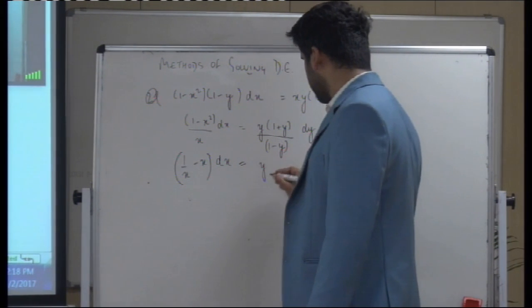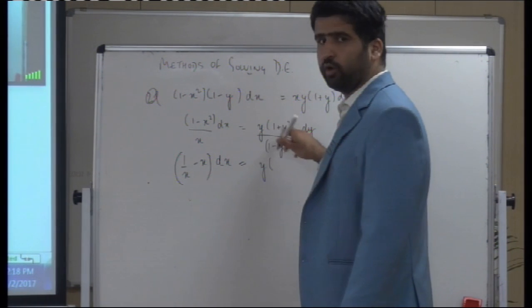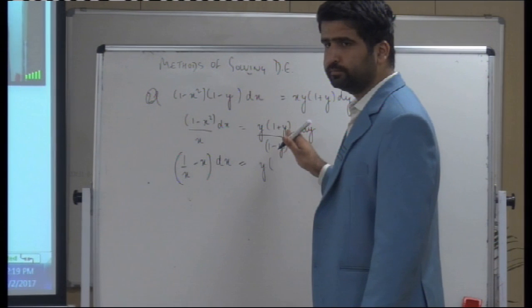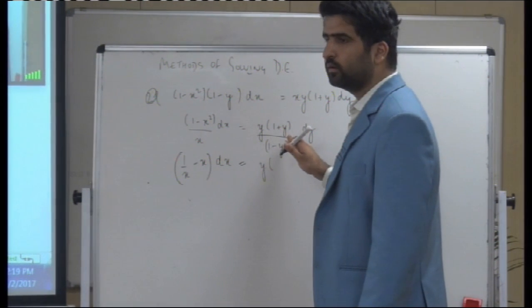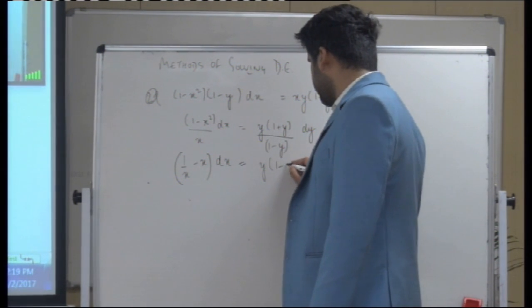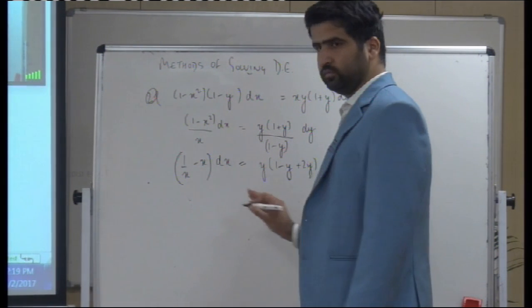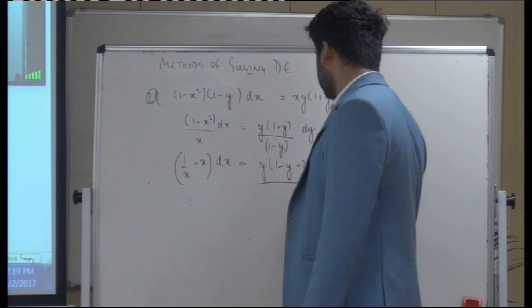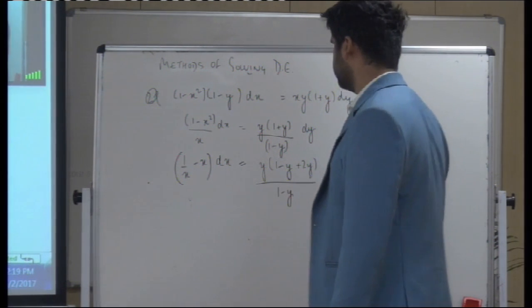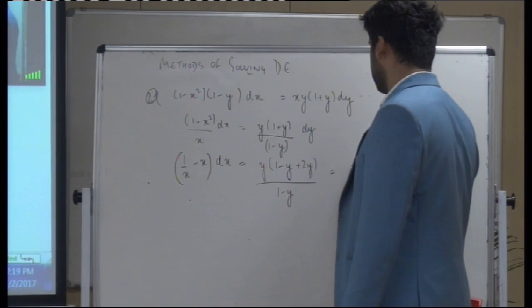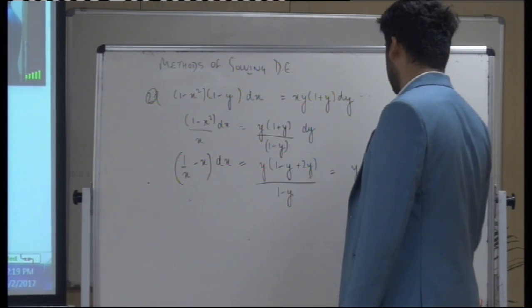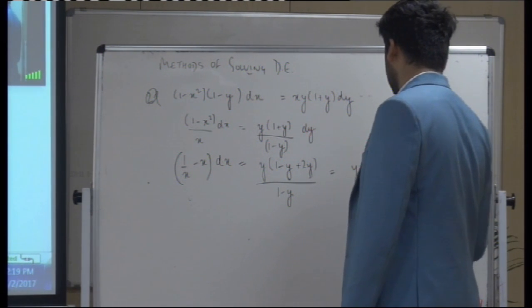Like, let's suppose I want to introduce a denominator over here. How can we do it? I can write it like this: 1 minus y plus 2y. This is valid, upon 1 minus y, which gives us y plus 2y square upon 1 minus y.